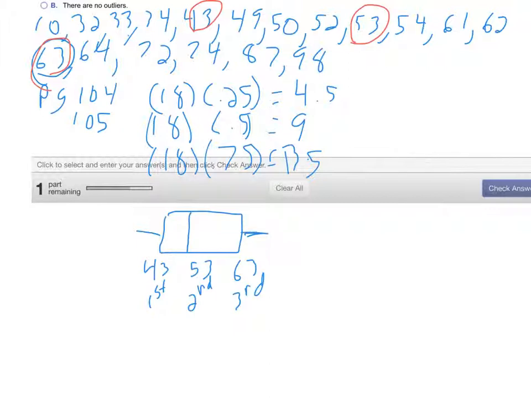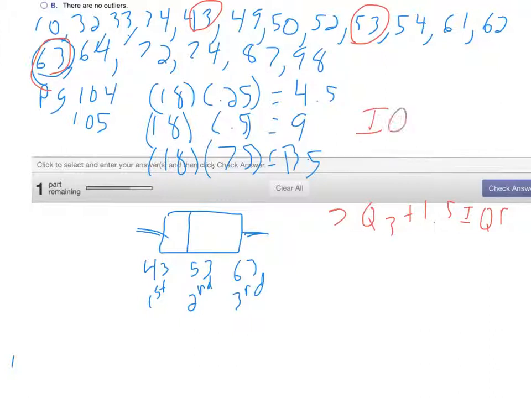Okay, we need to find out how long these whiskers are. And that's on that page I mentioned earlier, 104. You'll find on the whiskers that if you're greater than the third quartile plus 1.5 times the IQR, which is the interquartile range. And so I need to find the interquartile range.